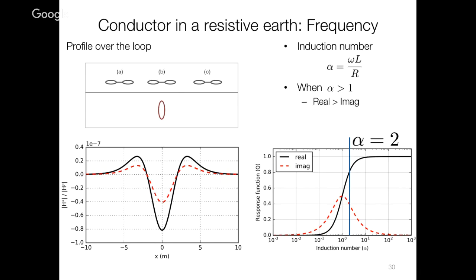The induction number for the Earth will depend upon omega times sigma, or one divided by rho. So if I increase the conductivity or increase the frequency, both of those will increase the induction number, and you'll have a curve that's similar to that.